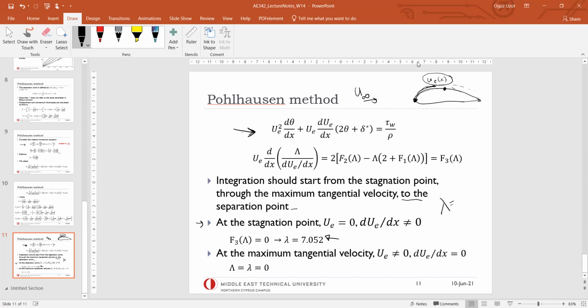If you take advanced classes, you will probably see these in more detail. But in this class, this is enough information for you to know that we have two types of solutions for laminar boundary layers. One set is based on Blasius type solutions, and the other set is based on the integral momentum equation and approximate solutions.